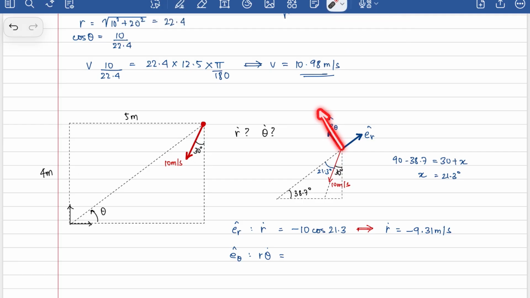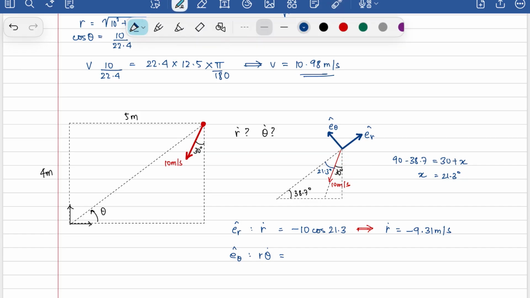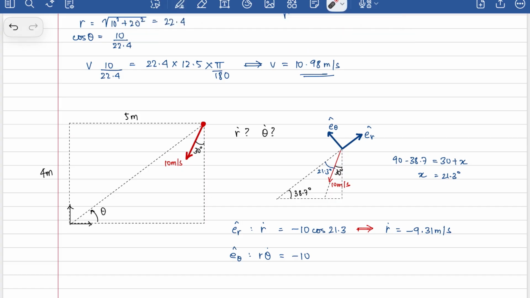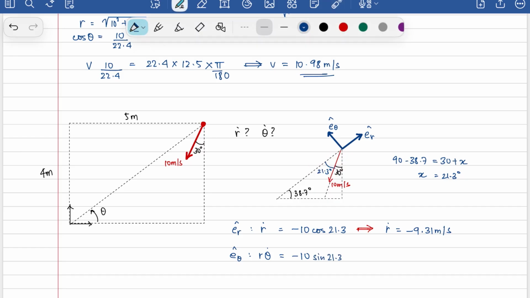Similarly, along the E theta hat direction, you have R theta dot is equal to, so that's along this direction. Again, you have a negative sign and you're looking for this component, which is going to be minus 10. So this here is your vector. You're looking for this component. That's going to be sine of 21.3, which gives me r theta dot, where r is equal to root of 4 squared plus 5 squared.